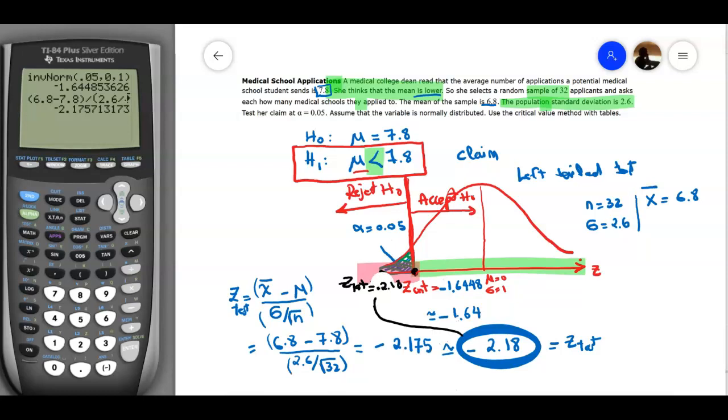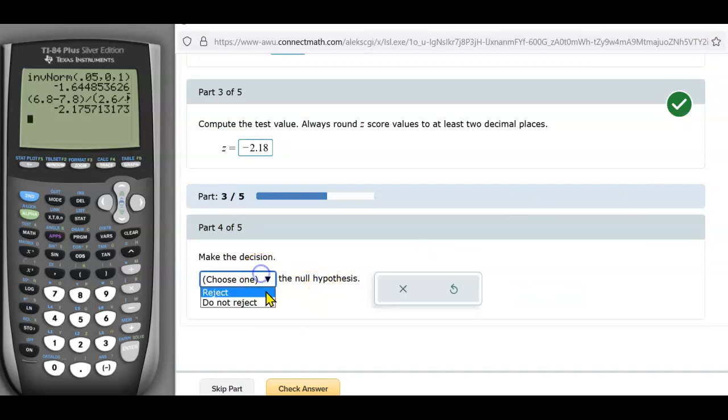So the value of the z-test is in the rejection zone. So your decision here is to reject H0. Okay, so let's plug it in. So your decision is to reject the null hypothesis.